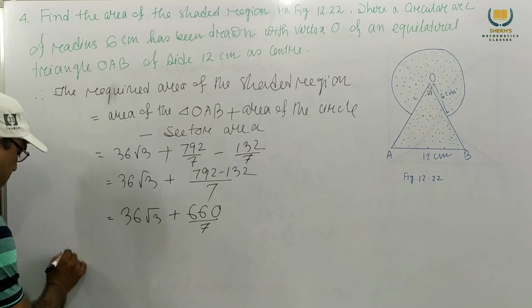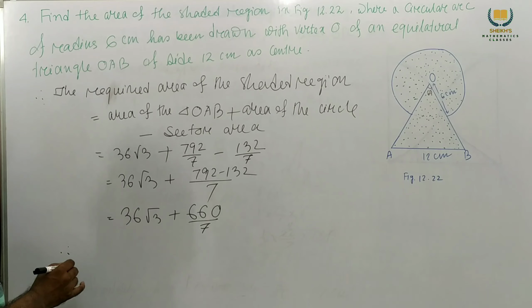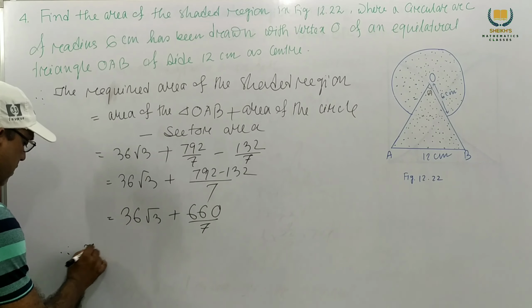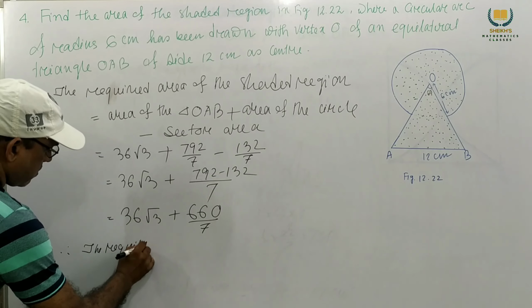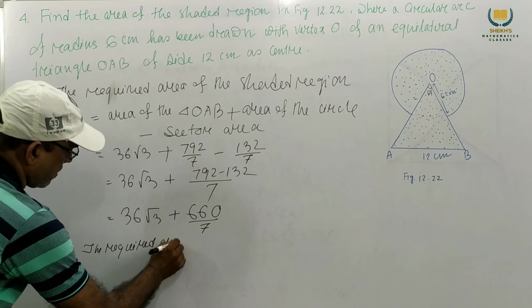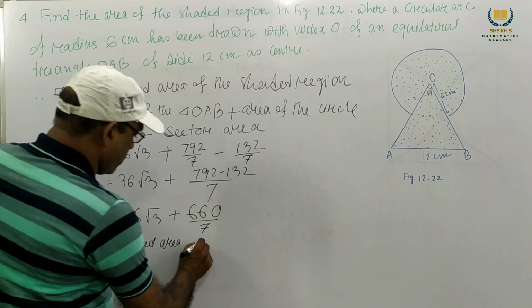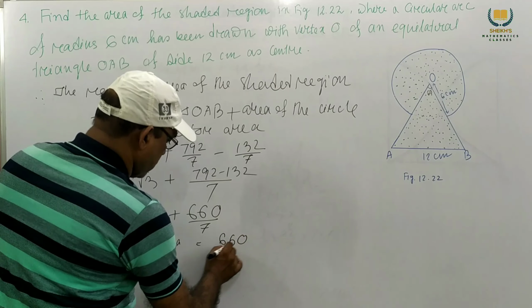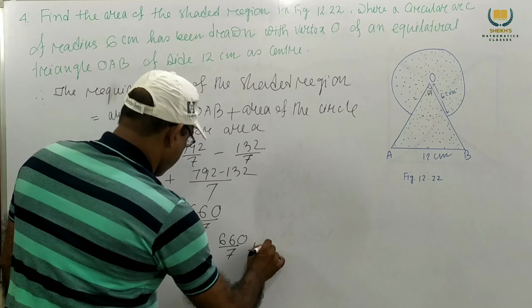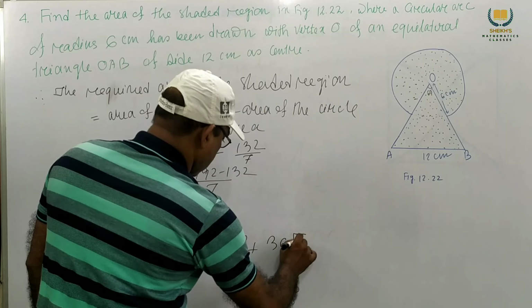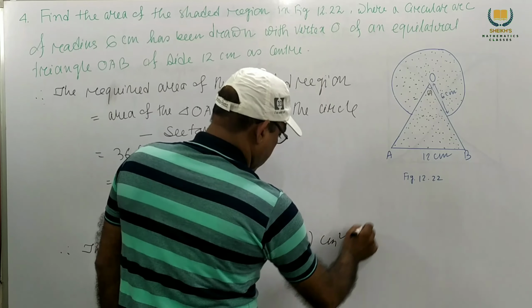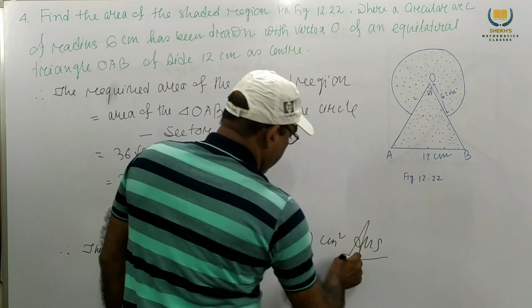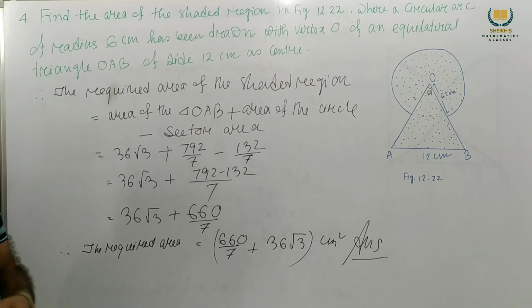Therefore the required area equals 660 by 7 plus 36 root 3 centimeter square, and this is our final answer.